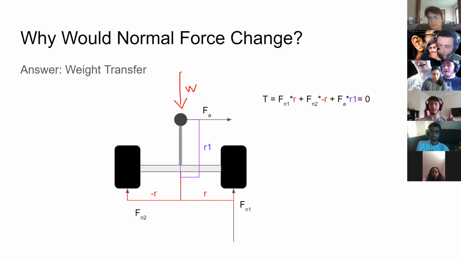And then from that roll, we can calculate the normal force distribution on the tires. Yeah. And that's going to load the tire more. What we see is that based on the loading of the tire and the slip angle, the amount of lateral force generated is going to change.